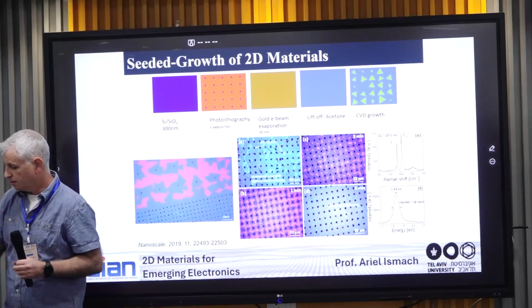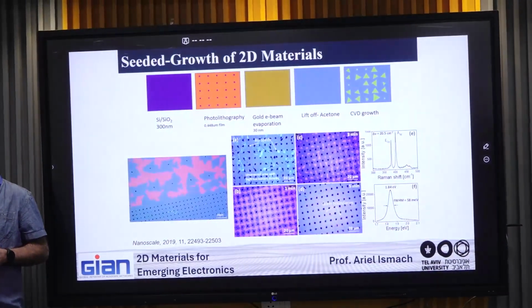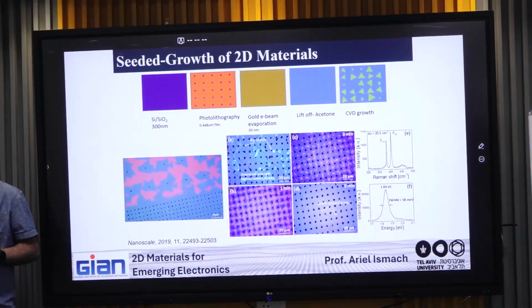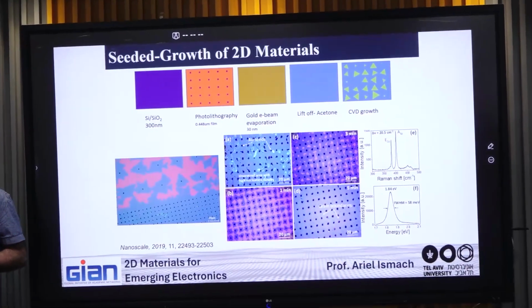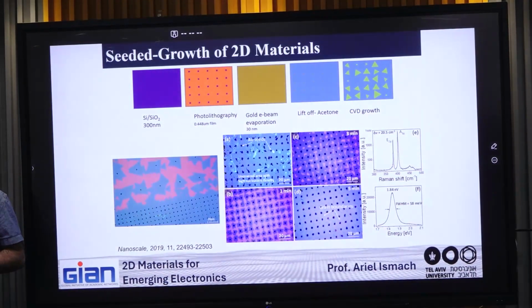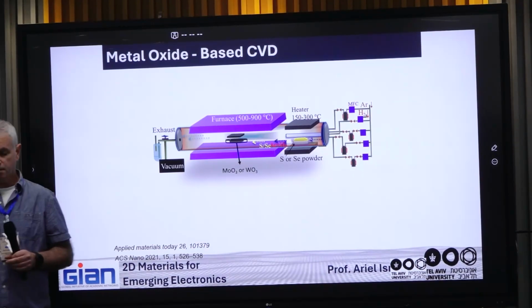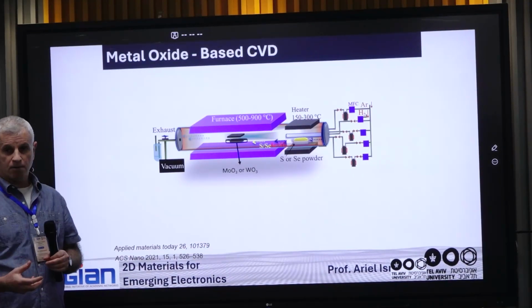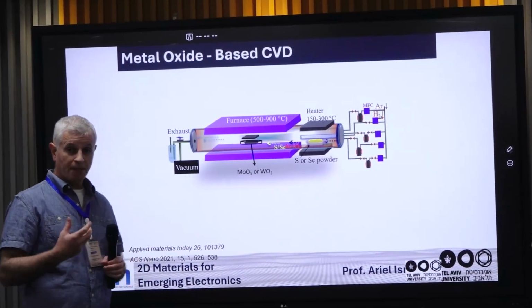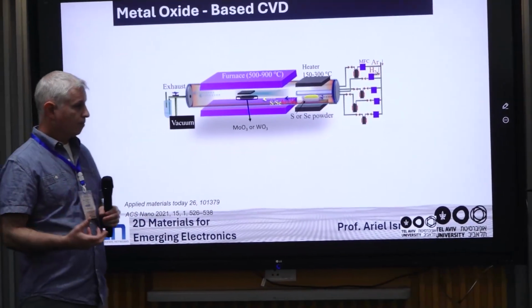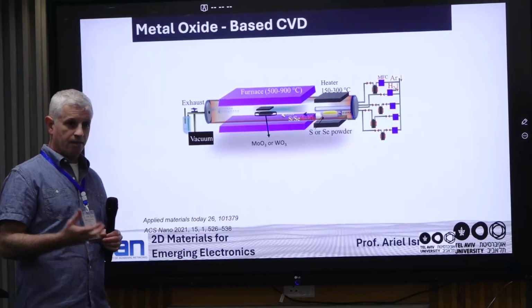So this is a general way to try and improve the quality, the crystal size, and also the location of these domains. But, as I told you before, the CVD-related methods using metal oxide precursors are not suitable. They have a lot of problems that were just mentioned.